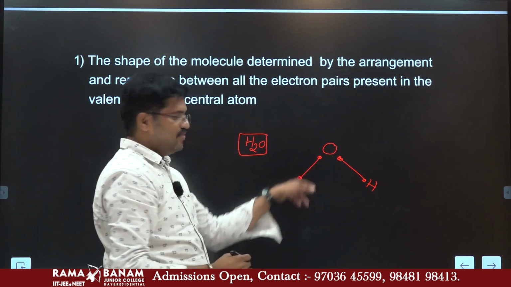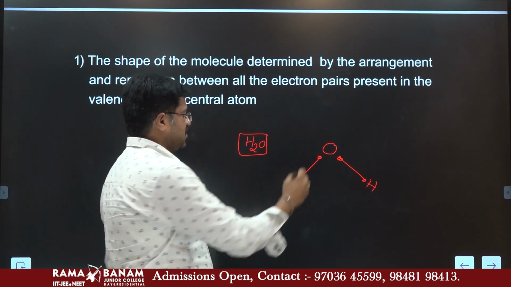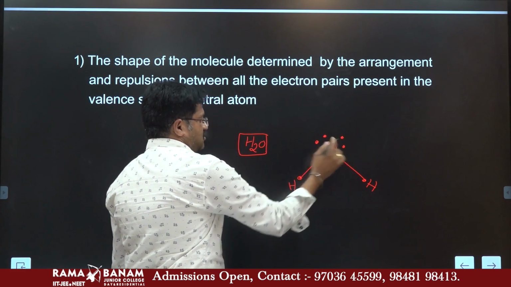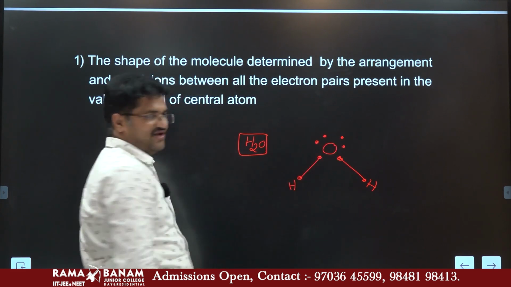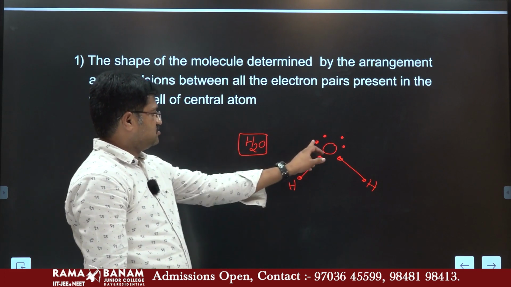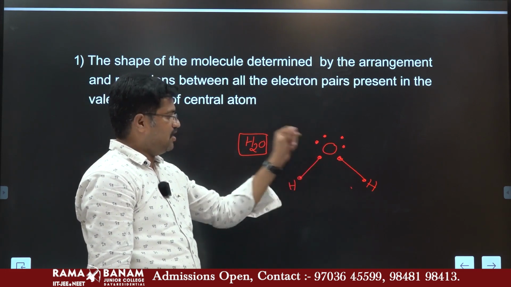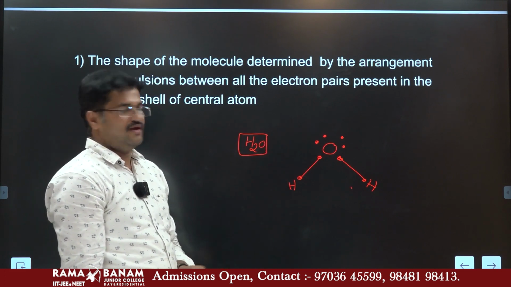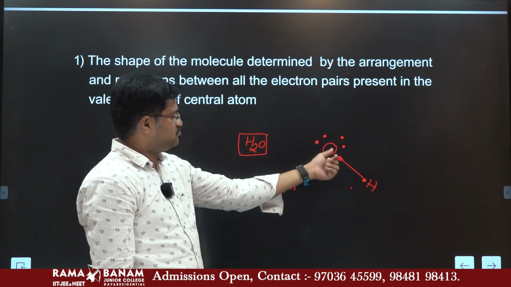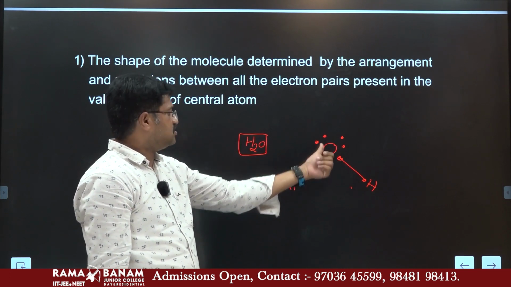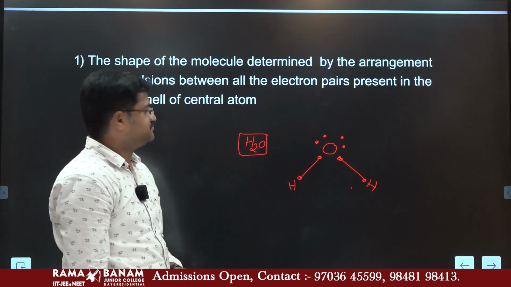These are the bond pairs of electrons. These two are the lone pairs of electrons. Here, two lone pairs and two bond pairs are present on the oxygen atom. But the lone pair of electrons belongs only to the central atom, while the bond pair of electrons belongs to both the central atom and the bonded atom.